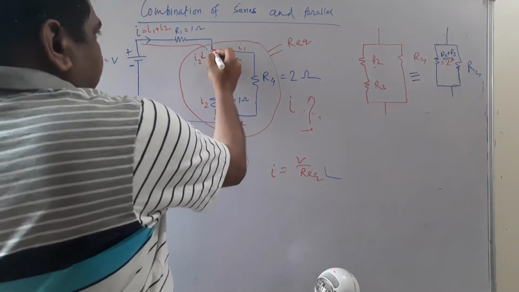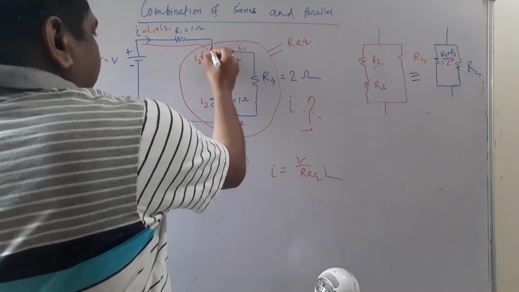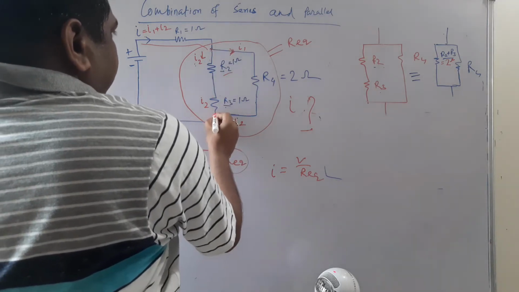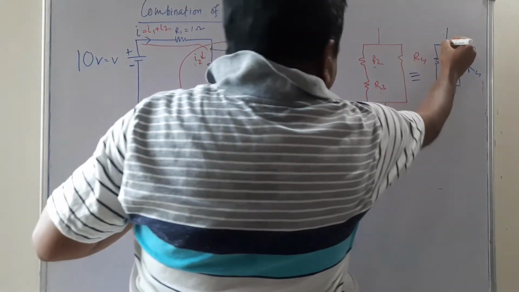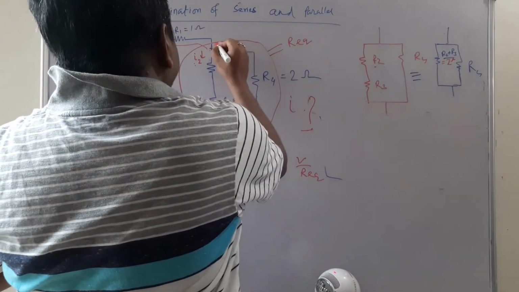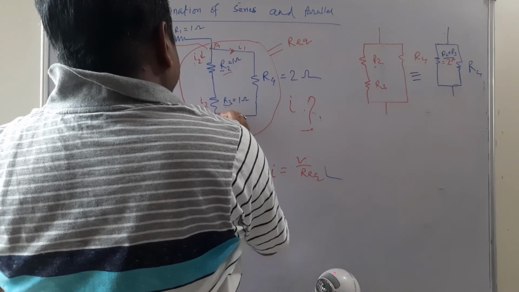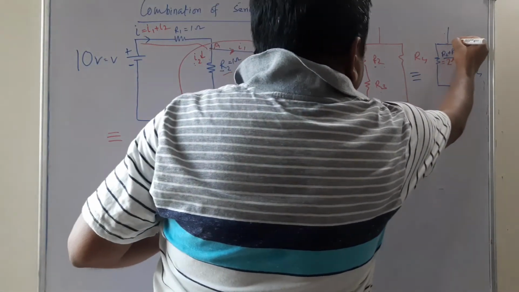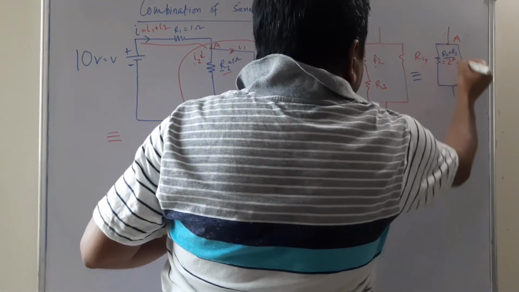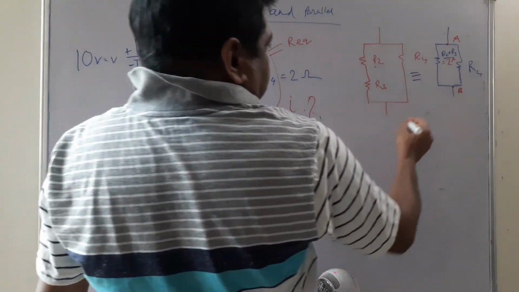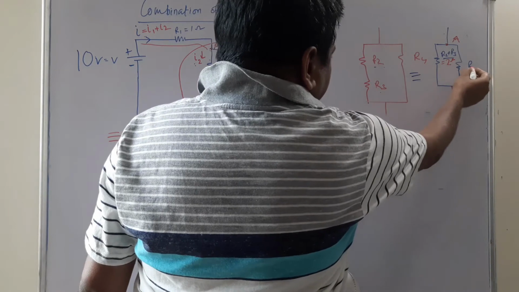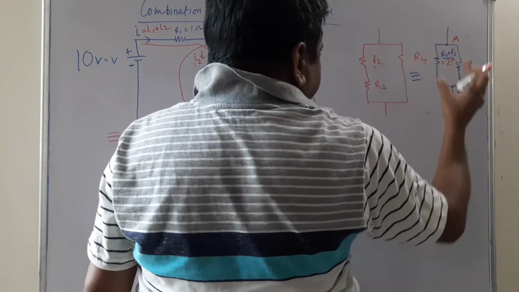Okay, and the voltage at these points. So now let's say this is point A and this is point B. Okay, across both the resistances, the voltage is the same.